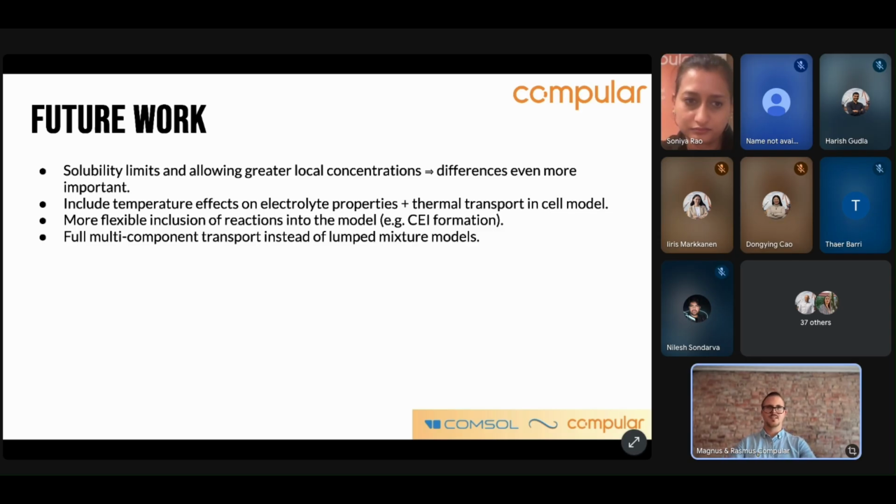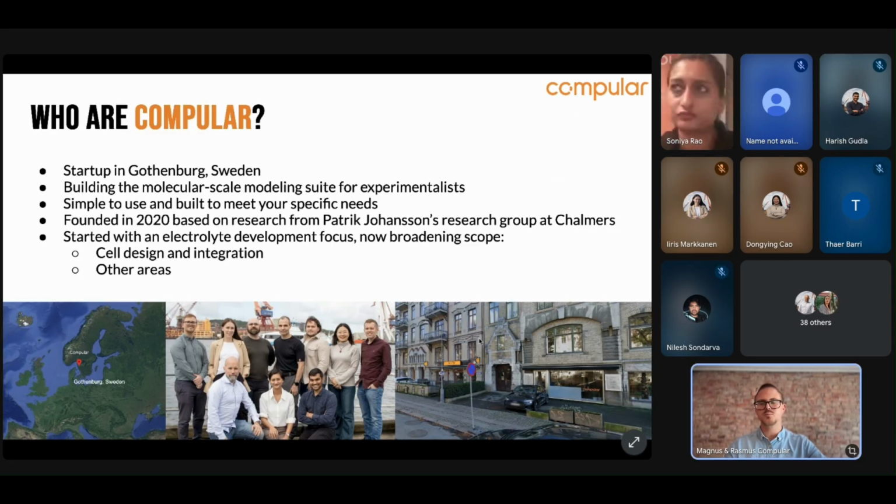And the final thing is that we're including solvent mixture here in a lumped fashion, which is, I would say, what most people do, but we could do it in a more explicitly multi-component transport theory framework. What we're doing here is often good enough, but it's not actually exact. So that is something that we also are working on, including in the future.